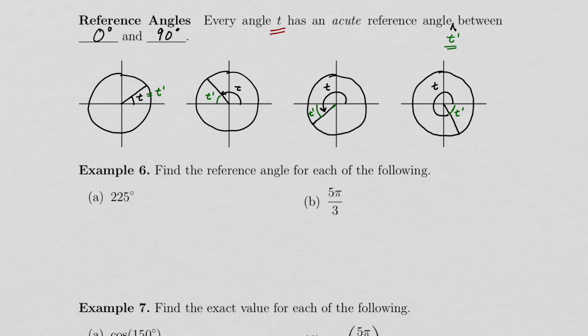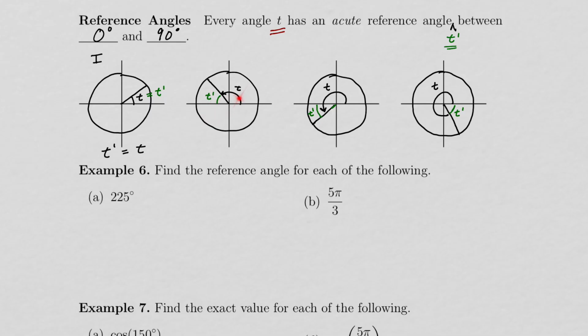How do you find it? Well, it depends on what quadrant you're in, right? If you're in the first quadrant, the reference angle is equal to the actual angle, right? There's no difference in the first quadrant. In the second quadrant, if I want to figure out what t prime is, well, if I start at the positive x and I go all the way over to here, this is 180 degrees.